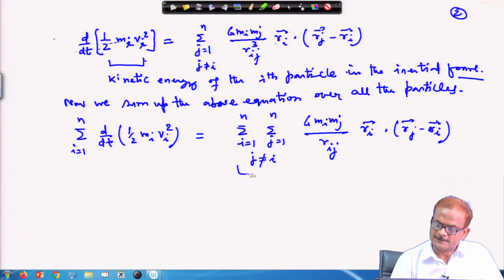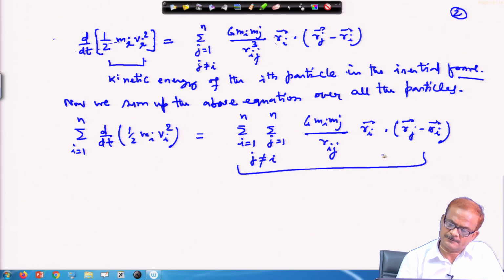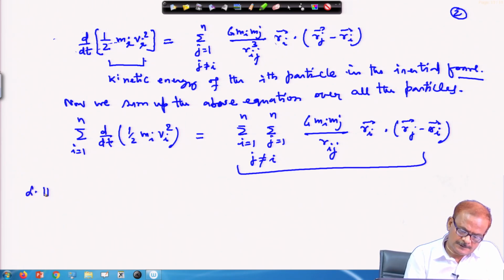The right hand side we have to treat separately; on the left hand side, the LHS, we will process first.